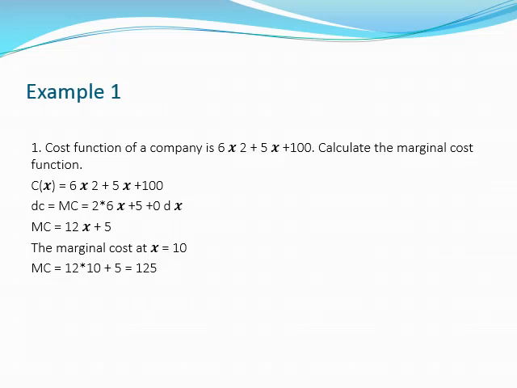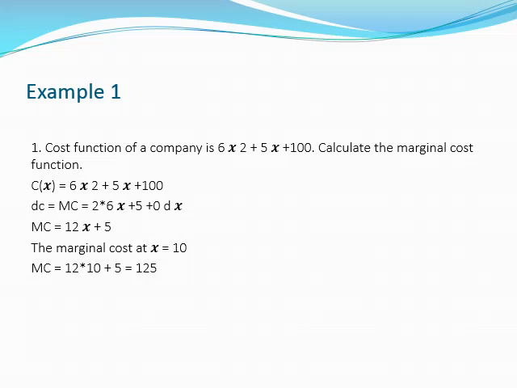The cost function of a company equals 6x power 2 plus 5x plus 100. Calculate the marginal cost function. The marginal cost is the differentiation of the total cost.